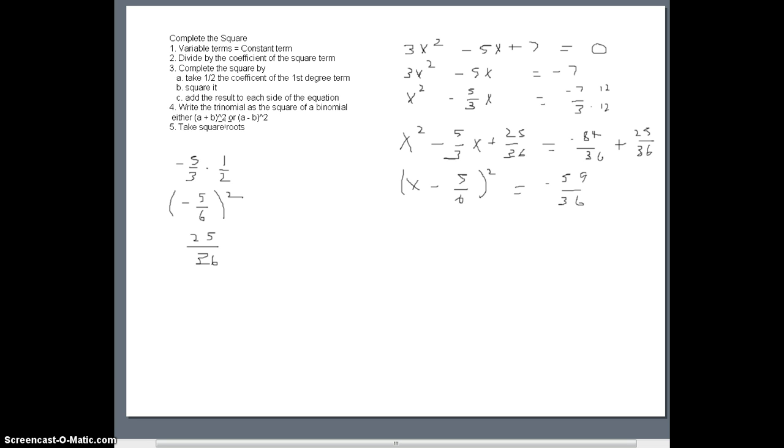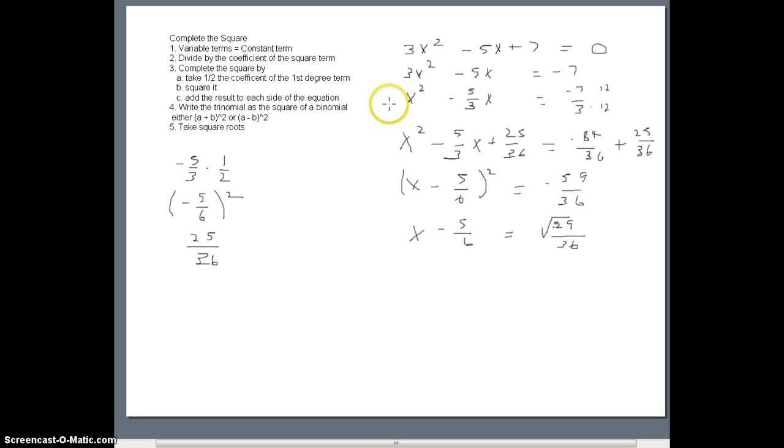After you rewrite the trinomial as the square of a binomial, take square roots. Remember, simplify every radical.